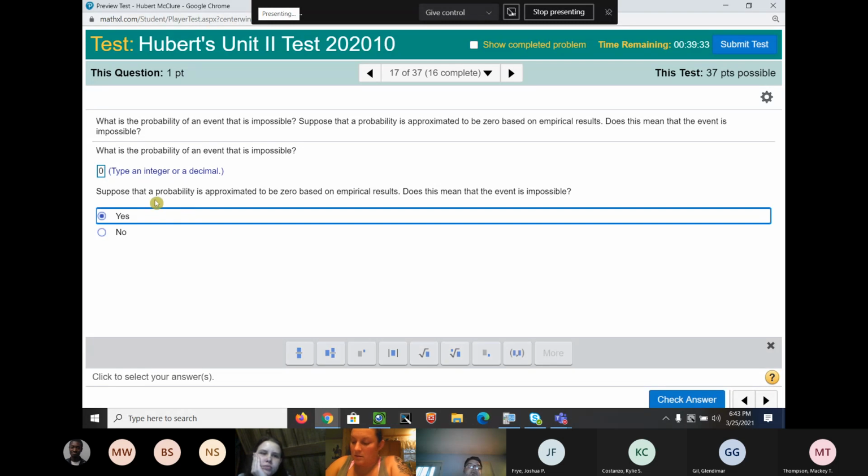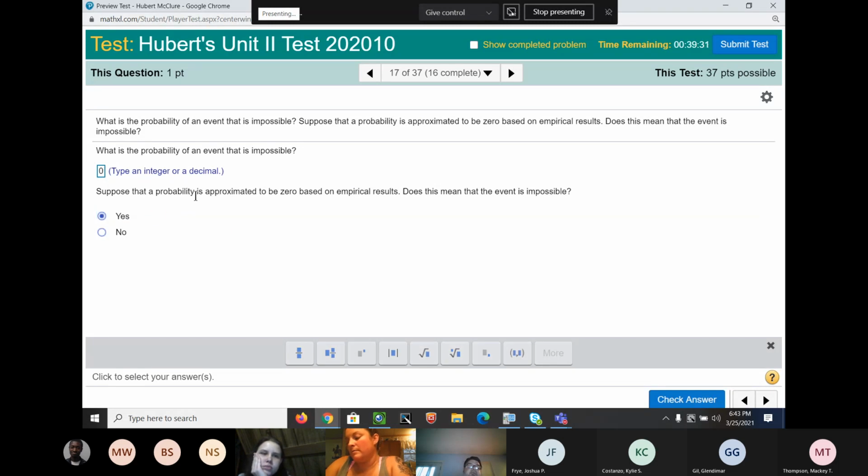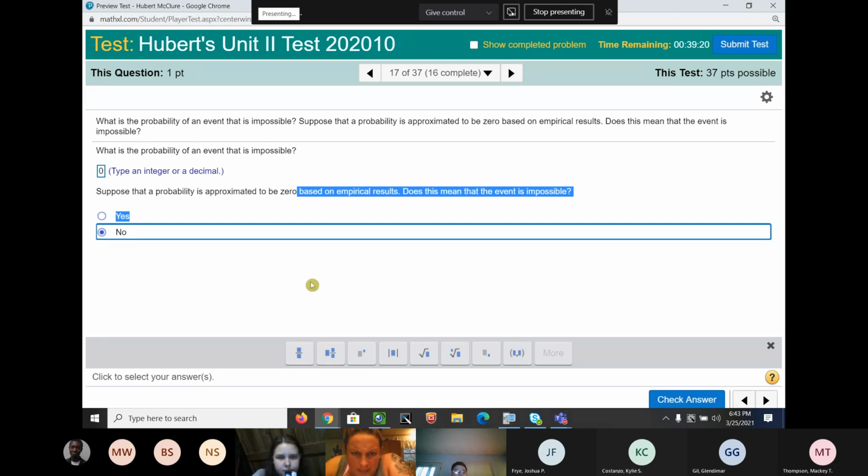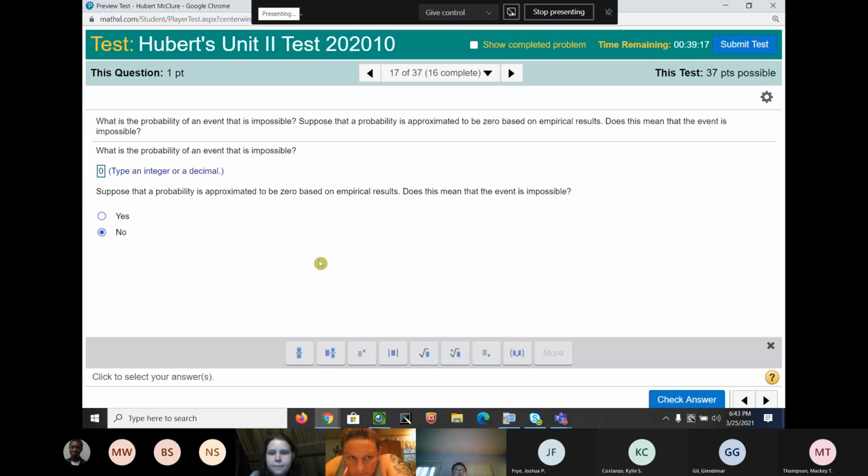Suppose you get something in probability and it's 0. Does that mean that it's impossible? No. Nothing is impossible.